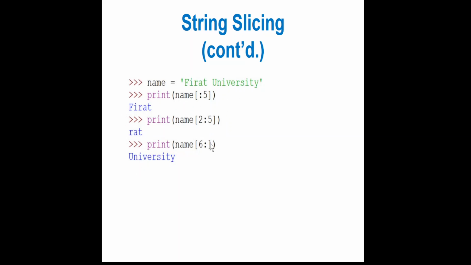Maybe you can take from the end also, it is possible. When you do that, we take from 6 until the end. Maybe you can specify a negative value here. It will start from the end and go backward. That means, let's say you put -5.